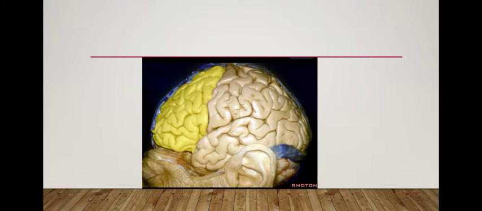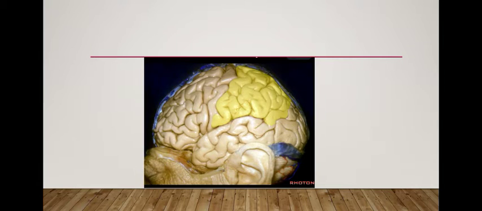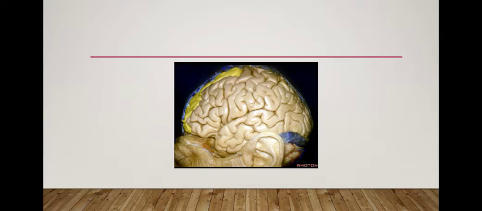The other two sulci on the lateral surface are the superior frontal sulcus and the inferior frontal sulcus. So this is the line where the superior frontal sulcus runs, and just above it, this yellow highlighted structure is the superior frontal gyrus, and then beneath it we have the inferior frontal sulcus running.